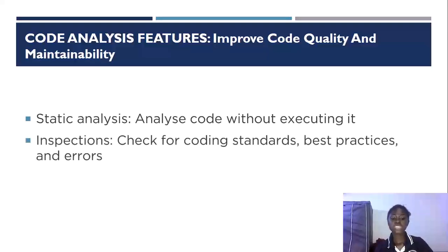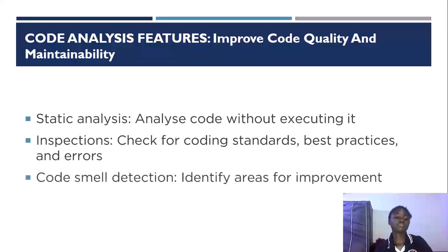The inspection checks for coding standards, best practices, and errors. And code smell detection. Code smell detection is the process of identifying code that may not be causing immediate problems but could lead to maintainability or performance issues in the future.